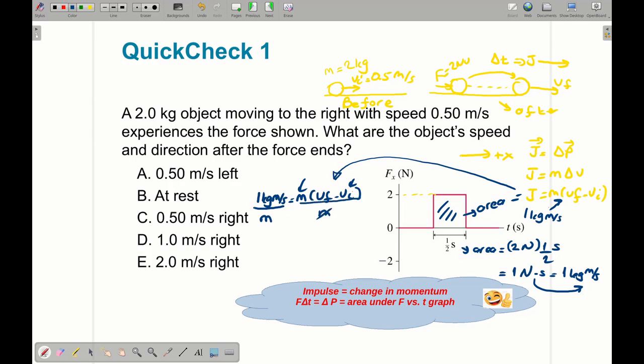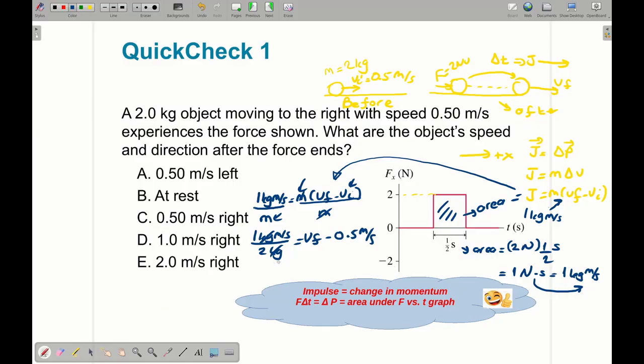This guy will cancel, and I'm going to input here 2 kilograms. 1 kilogram meters per second divided by 2 kilograms is equal to V final minus V initial, 0.5 meters per second. Notice here how kilogram cancels nicely, and I have meters per second, and the unit of velocity is meters per second, so everything works out nicely if I use this unit. If I stick with newtons times seconds, it could have confused me.